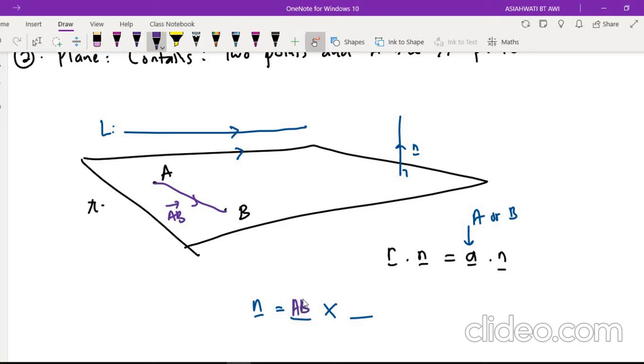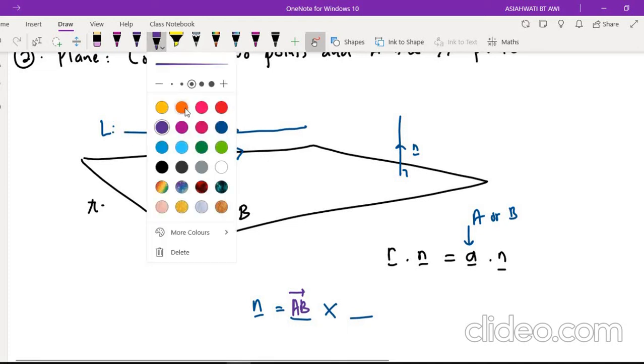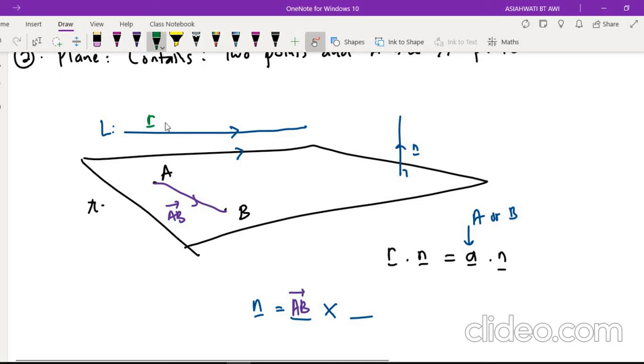You need another vector, so from the given info, line L has the equation r equals a plus tv. V gives the direction for L; V is parallel to L, and may be on L or outside L but parallel to L. So we take V here. Then find n, which is perpendicular to the plane, substitute and get the equation of the plane.